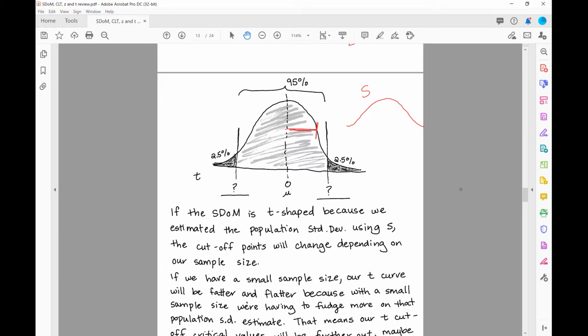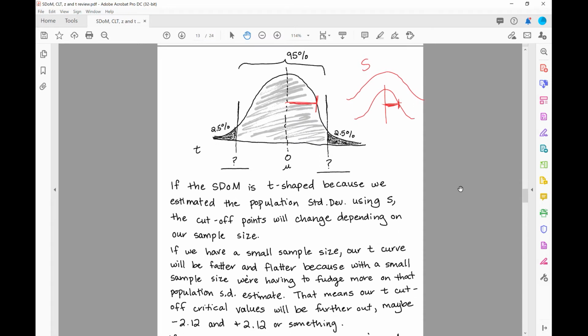If we have like 10,000 people in our sample, if we have a huge sample, then we can be pretty confident that our estimate based on that sample is probably going to be pretty dang close to the true population standard deviation. So in that case, we know more clearly how wide that SE really is going to be.